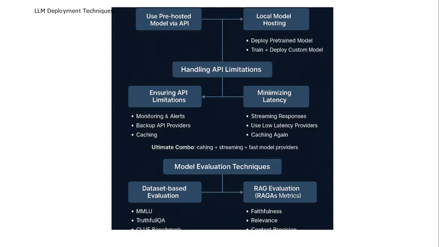So this is all about different types of LLM model deployment techniques, and the major evaluation techniques that we have, and the limitations like uptime of our server as well as minimizing latency. How can we overcome those two limitations that we have understood in this video?